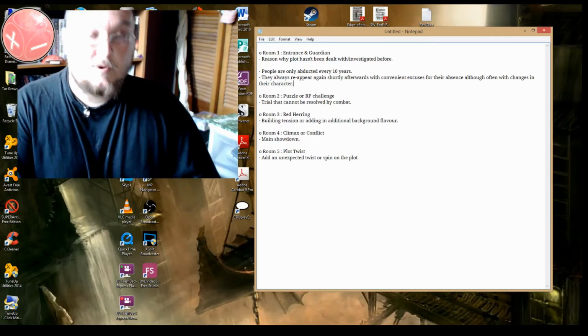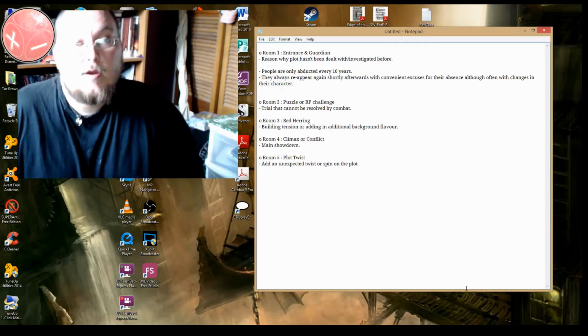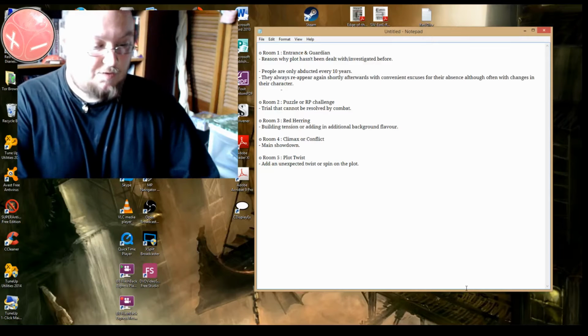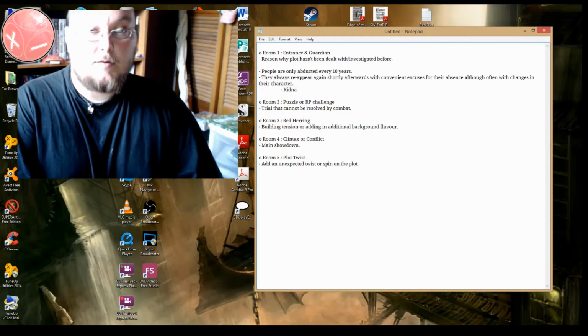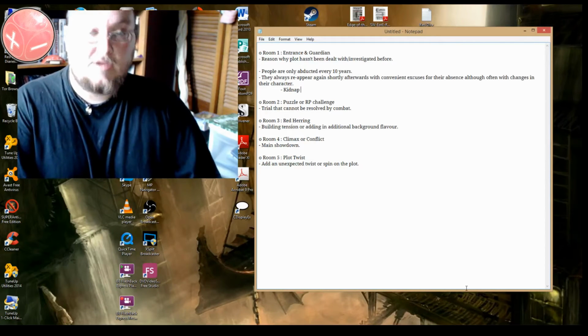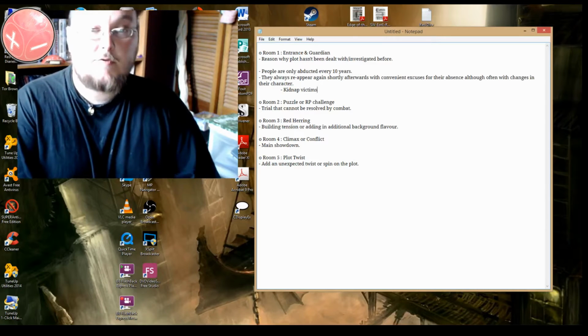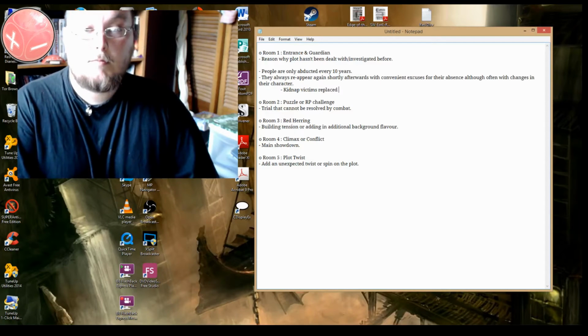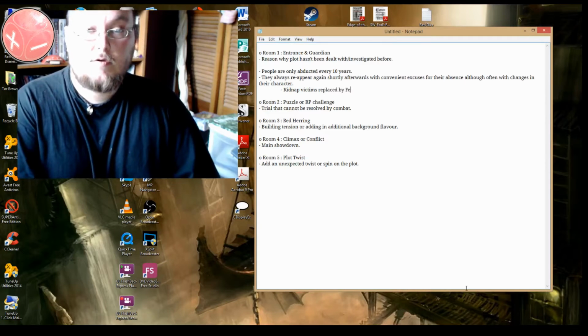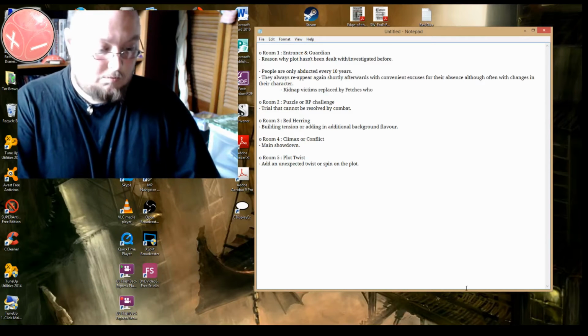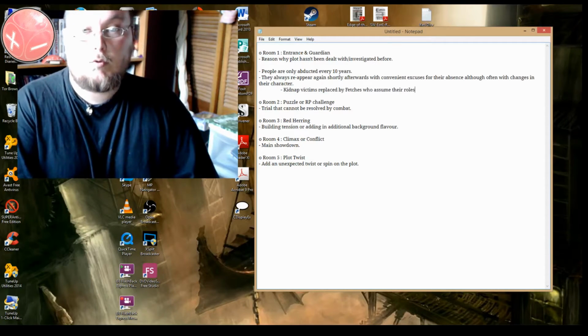Now, those of you who know a bit about Changeling will know that I'm referring to people being replaced by fetches here. So I'm going to write a note down for that. Kidnap victims replaced by fetches who assume their roles in the mortal world.